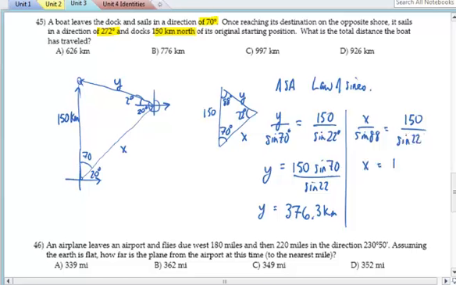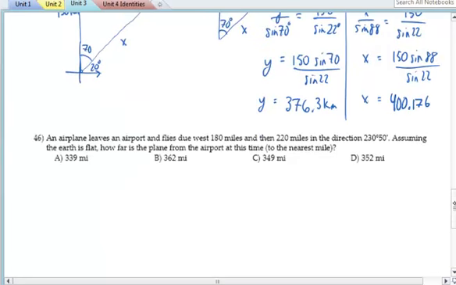So we do the same thing we did before, and we solve for x, and we get 400.176.